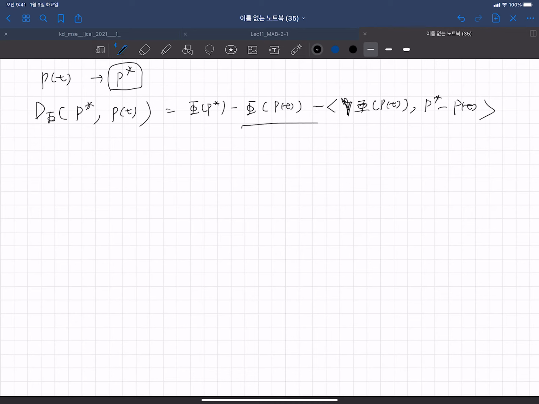Okay, so again, this is the first order approximation of the pi function at point PT, and this Bregman divergence at point 0 is the initial distance to the optimal point.